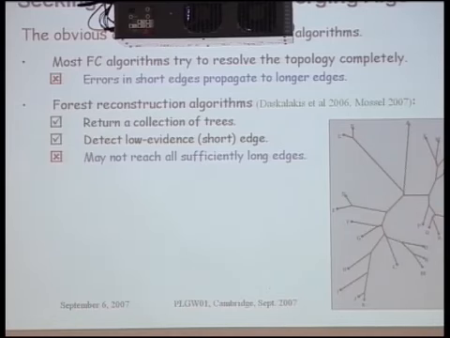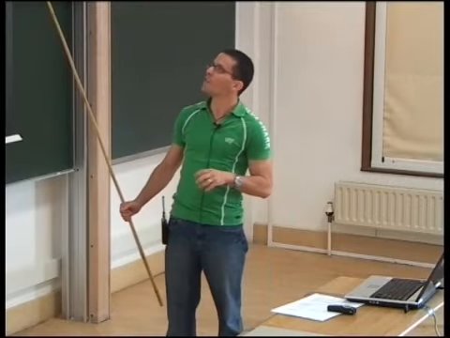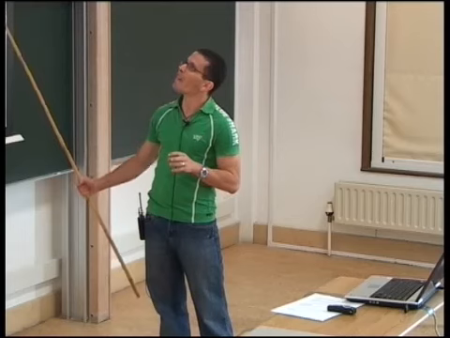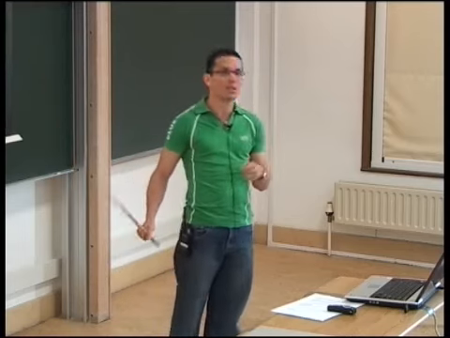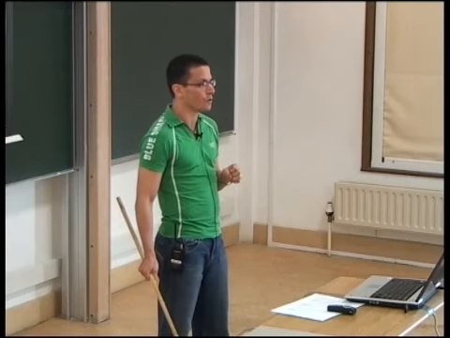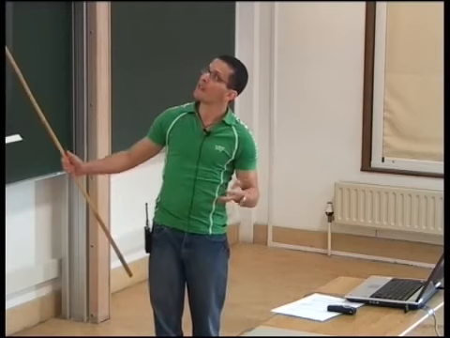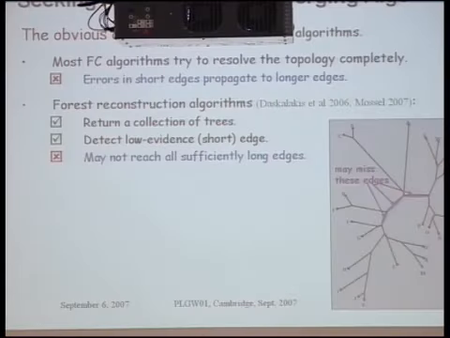The problem is that, in a one-line argument, they may not reach some good edges, some long edges, which are buried inside the tree. So they're good in the sense that these methods are reliable, they do something well, but they don't reconstruct something that they're not sure of, but they can't guarantee us really anything.